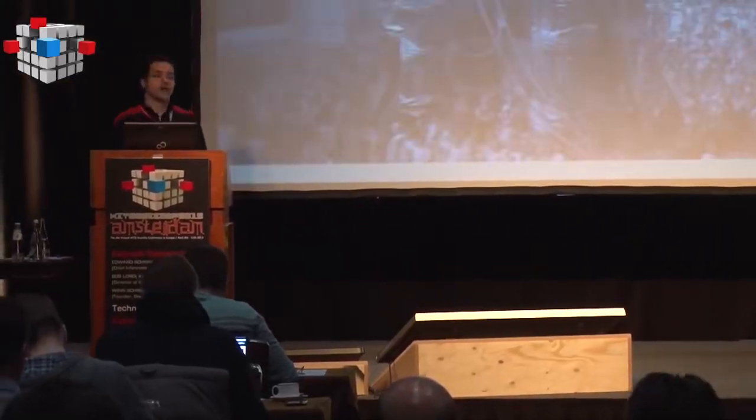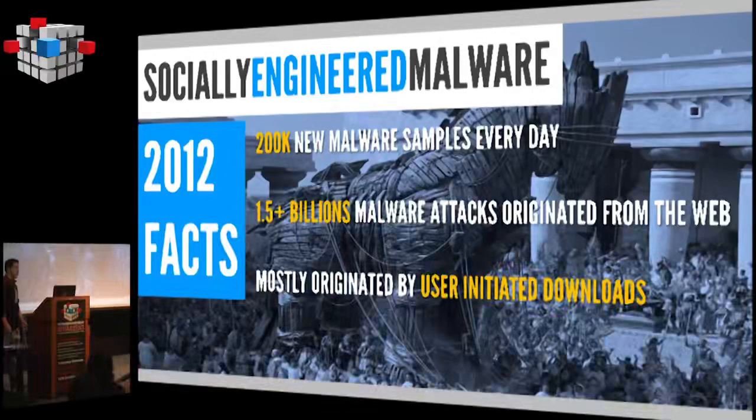Okay, let's start our discussion talking about socially engineered malware. Without any doubt, malware spread is one of the most compelling problems that the web security industry has to face nowadays. Malware spread is increasing year over year, and according to some reports provided by Kaspersky Labs, only in 2012, more than 200,000 new malware samples were spotted every new day.